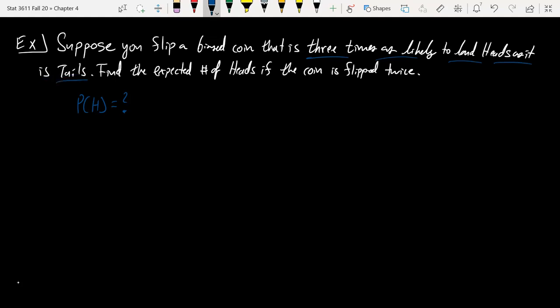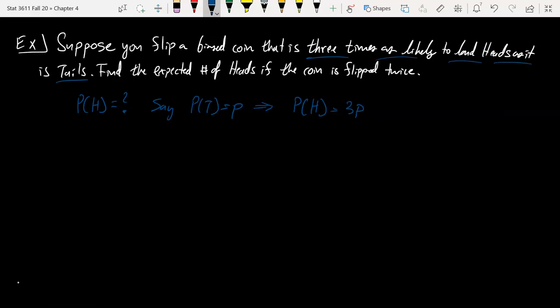So let's let the probability of getting a tails be P. Then it's 3 times as likely to get heads as it is tails, so if there's a P probability of getting tails, there will be a 3P probability of getting heads.